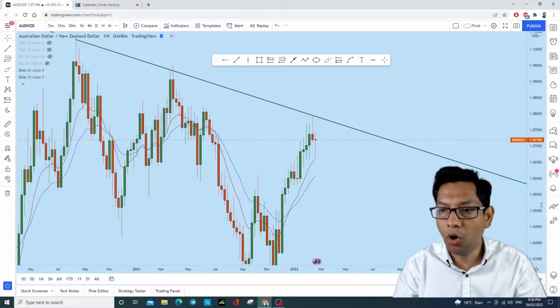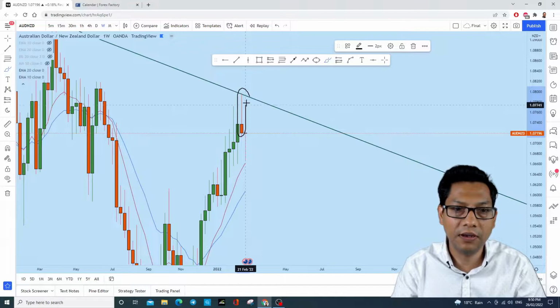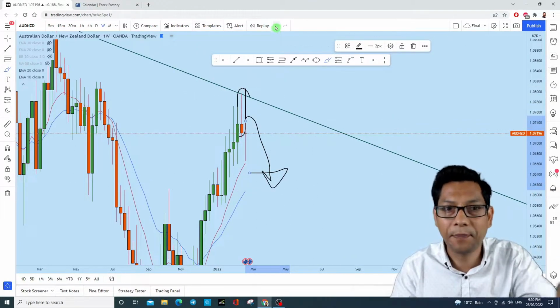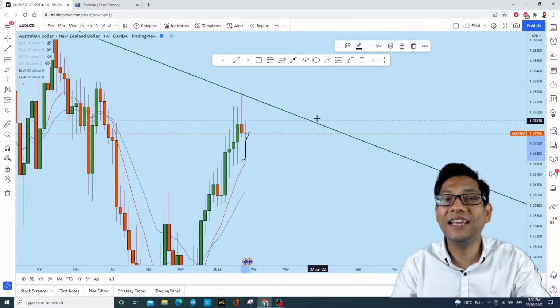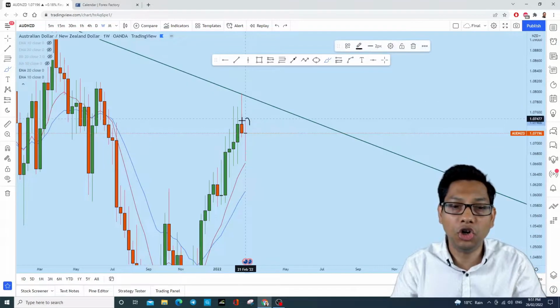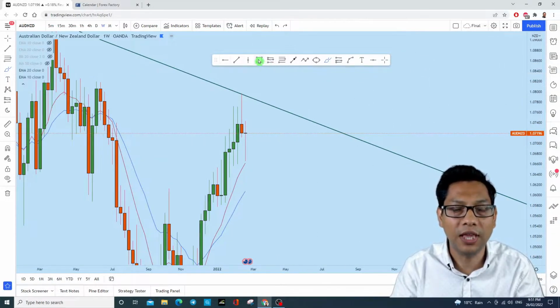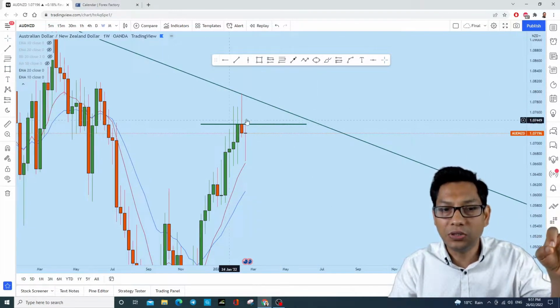Now on the weekly, as you can see, after this previous week's pin bar, what did I say? That this price is likely to drop, and that is what happened. Now what happened? The price raised up and created a dragonfly doji. This is a dragonfly doji. So what is likely to happen, guys, next week? The price is likely to go up along this zone, along this weekly close.